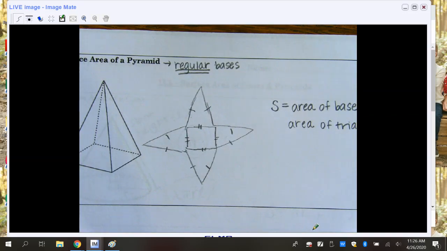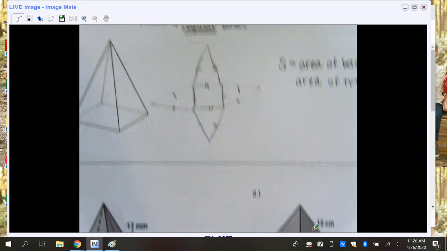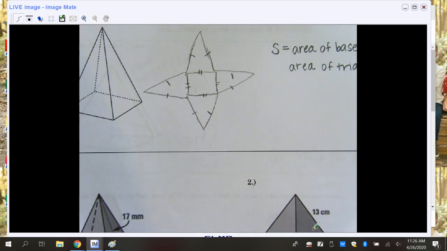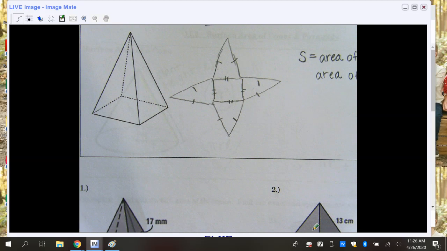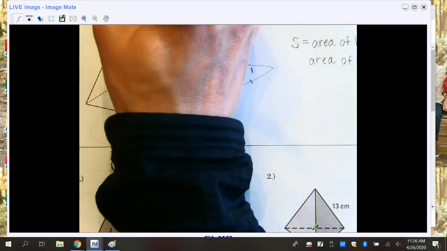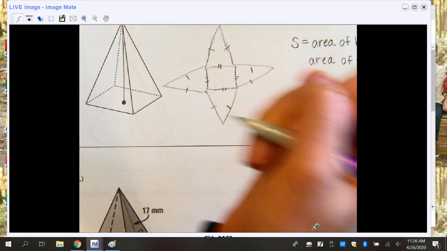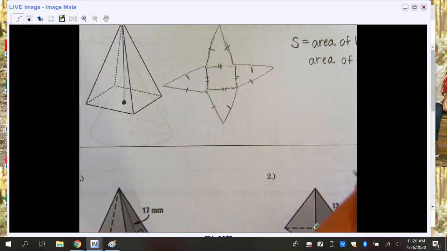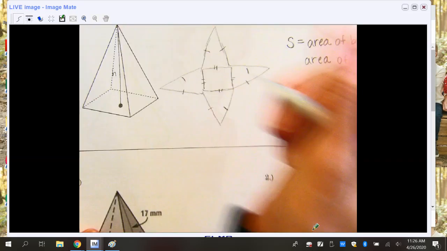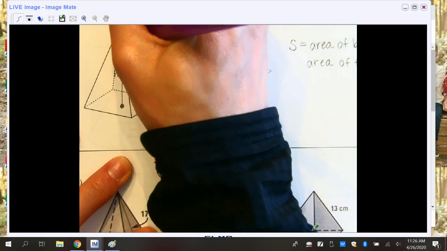are congruent triangles. Okay. All right, and so in terms of the parts of the pyramid, they're similar to a cone. So there's two heights of a pyramid. There's your height that goes straight down to the center of your base and creates that right angle. So that is the actual height of your pyramid.